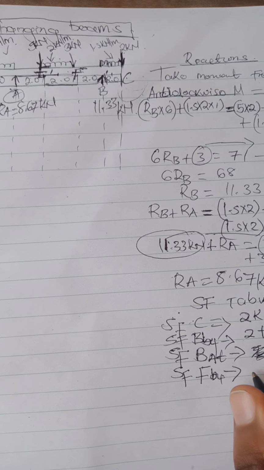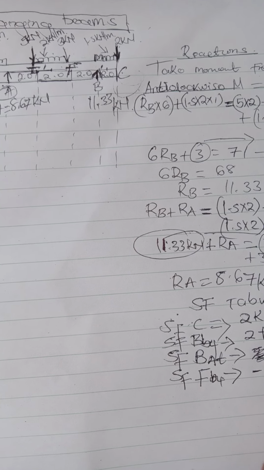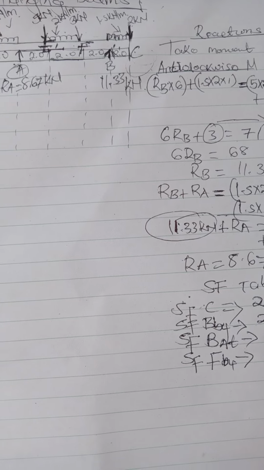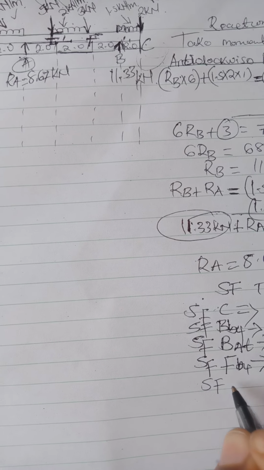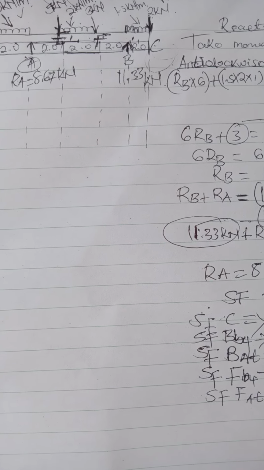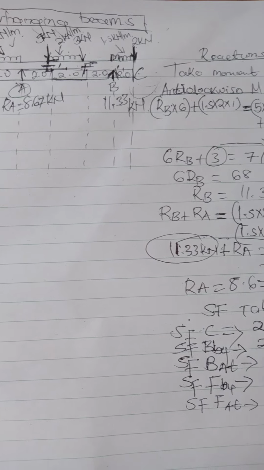Before will be the same as negative 6.33 kilonewtons. It won't change, but the shear force at F will be negative 6.33.